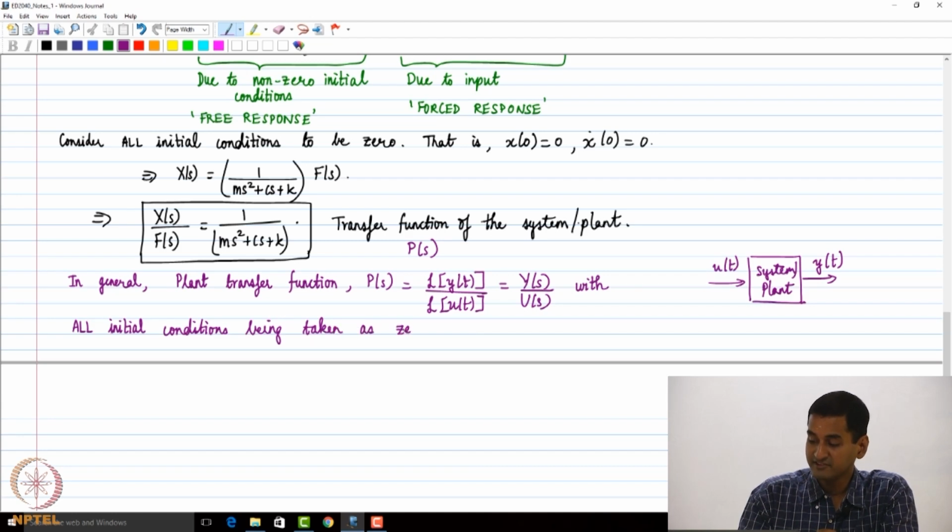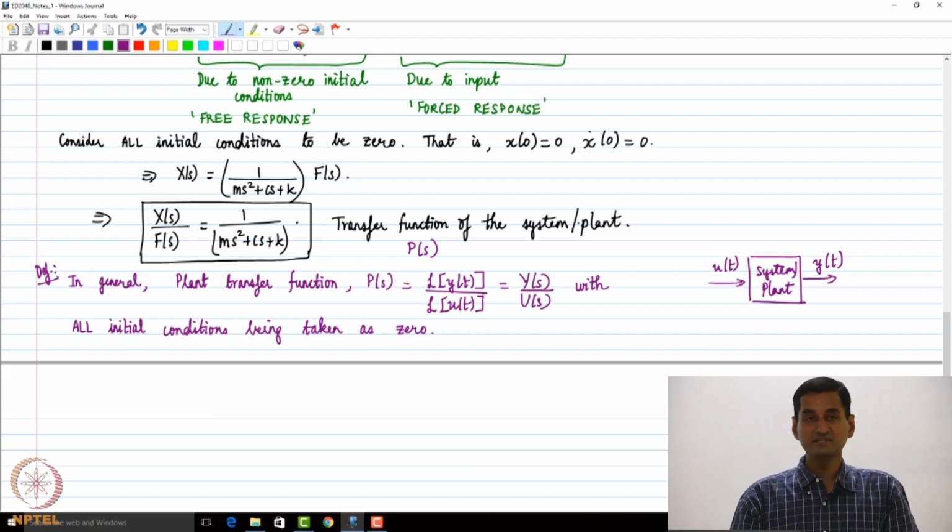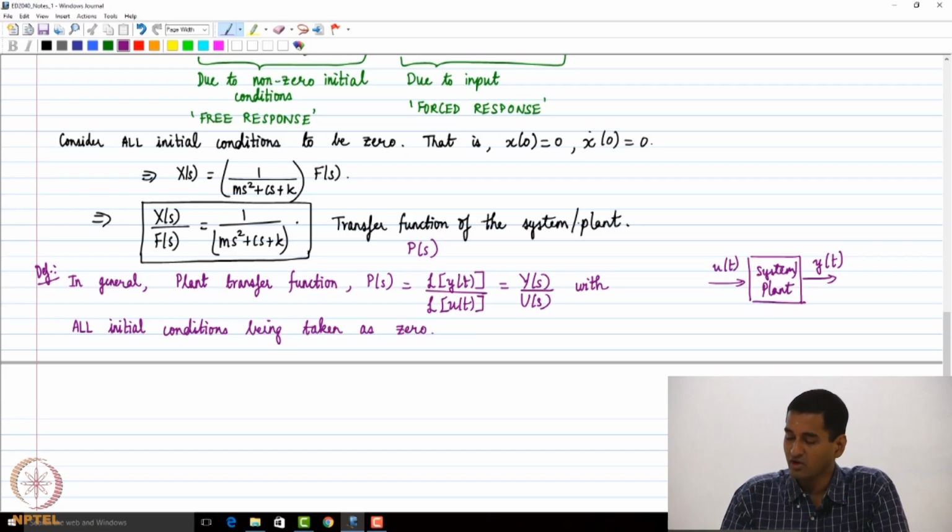Okay, so this is the definition of the transfer function, and this is something very important. It is the Laplace of the output to the Laplace of the input with all initial conditions taken to be 0. That is the definition of the system transfer function or the plant transfer function.